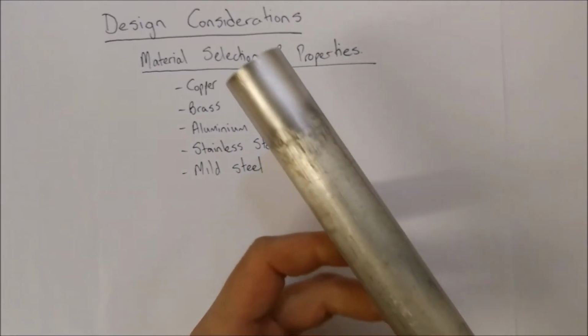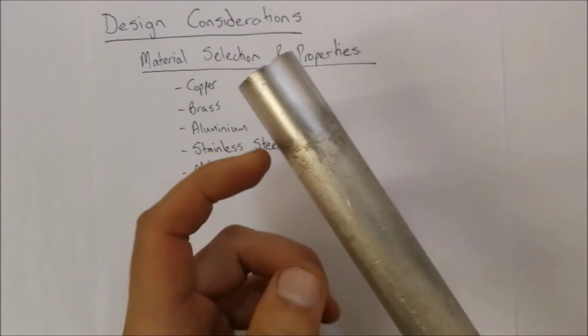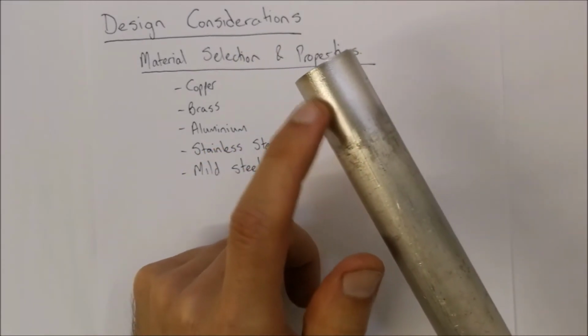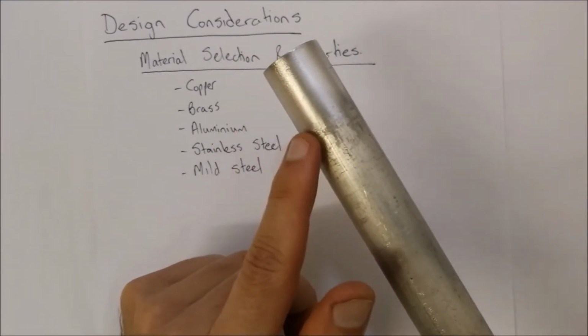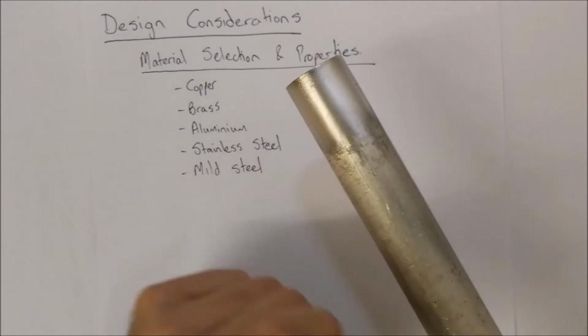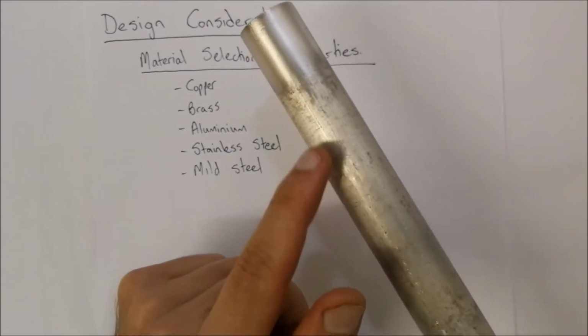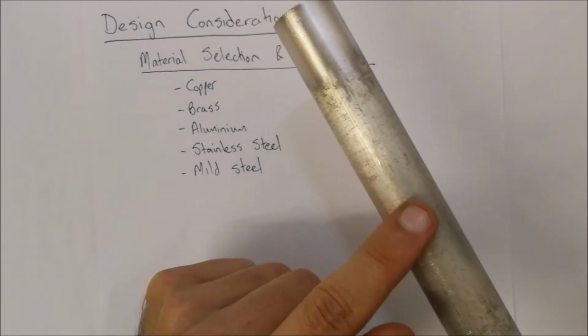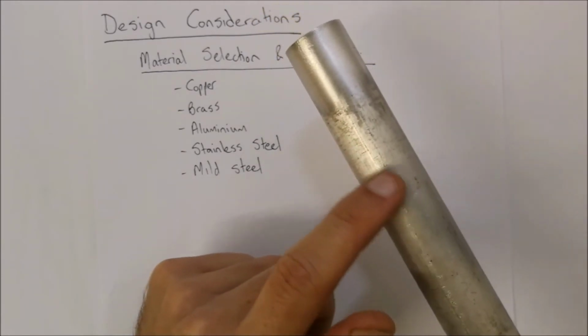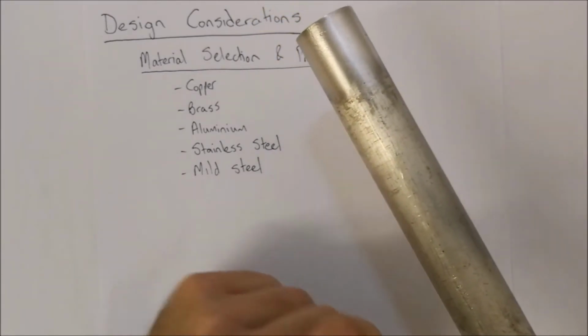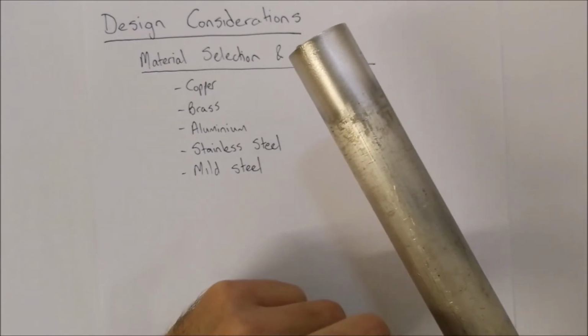And actually, if you look at this piece of material over here, you'll notice that this piece is cleaned. I just cleaned it so you can actually see the aluminium color over there. And you'll see over here there's like a whitish layer on top of the material. So that's what happens with aluminium.